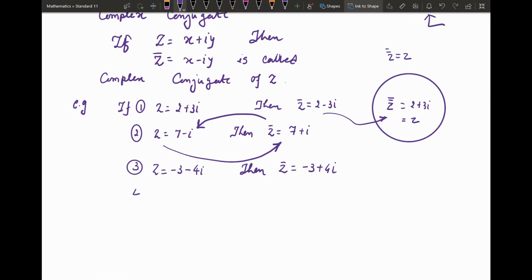We take one more illustration. For example, z equal to minus 3 plus 4i, then the complex conjugate is z bar equal to minus 3 minus 4i. So this is an example of conjugate. So in short, for a complex number z equal to x plus iy, its conjugate is denoted by z bar, and z bar equal to nothing but x minus iy.